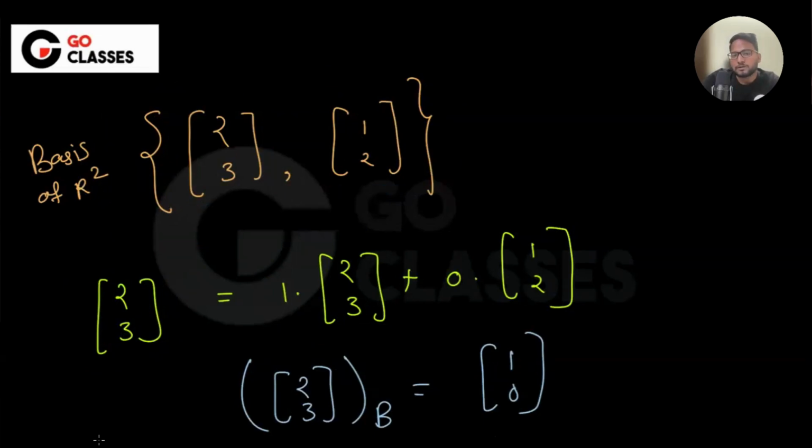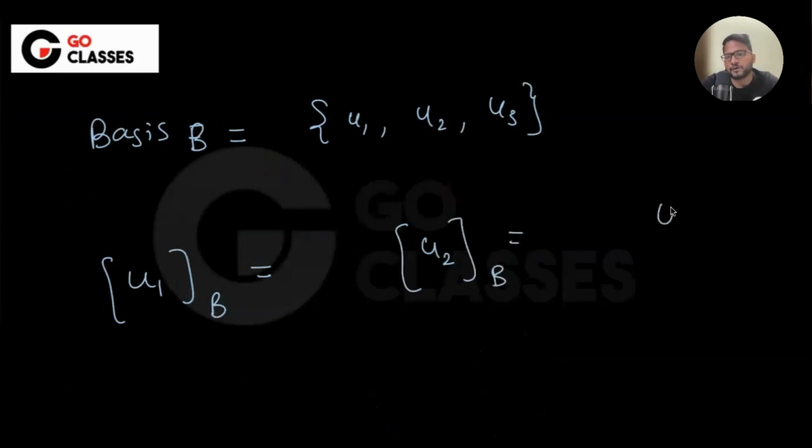So in general also, you can say if you have any basis, whatever this basis is, maybe u1, u2, u3. You just tell me the coordinates of u1 with respect to its own basis b, coordinates of u2 with respect to its own basis b, coordinates of u3 with respect to its own basis b. What are these coordinates?